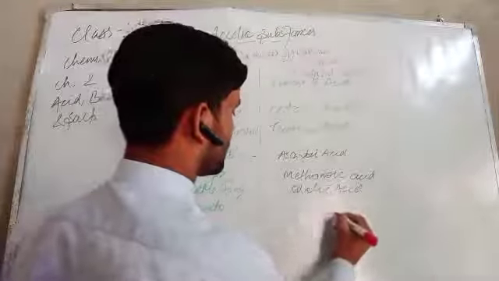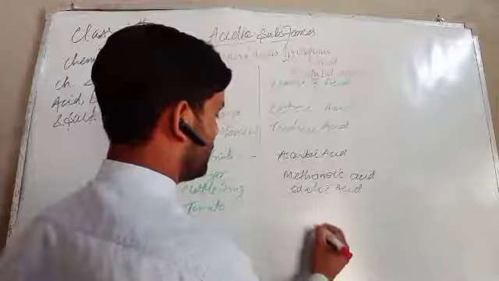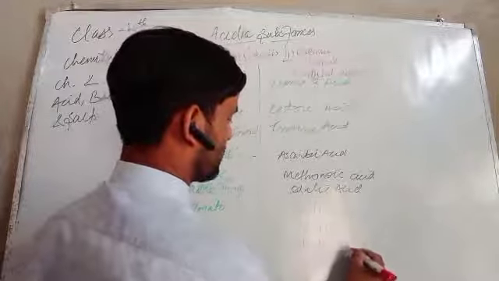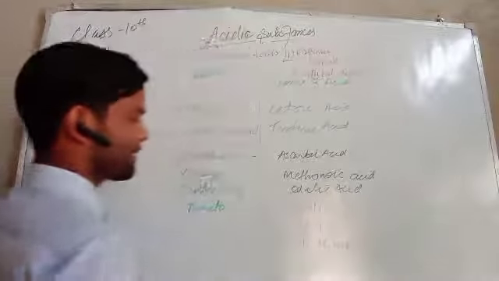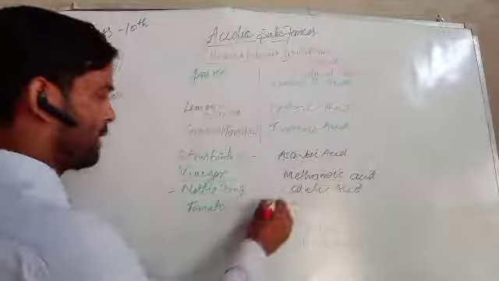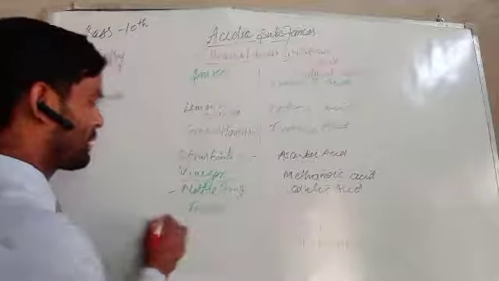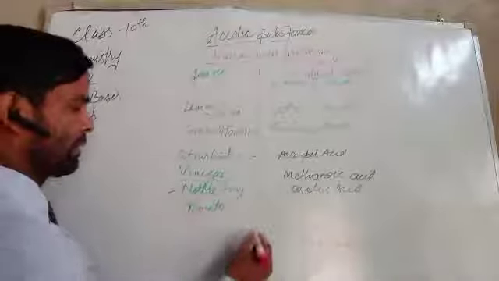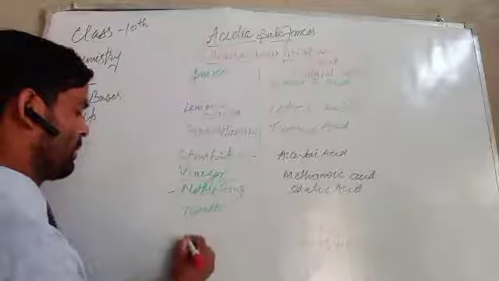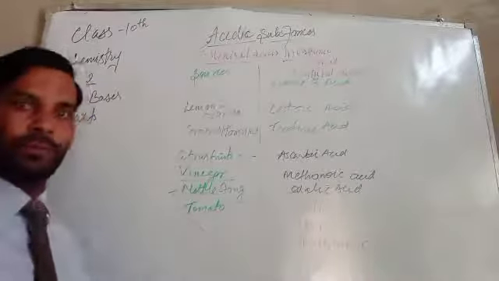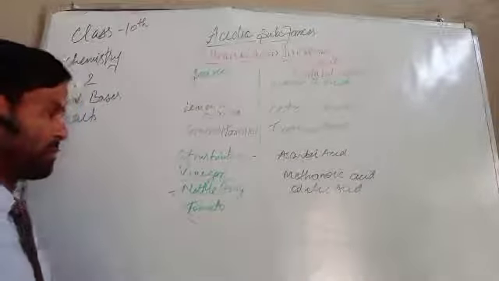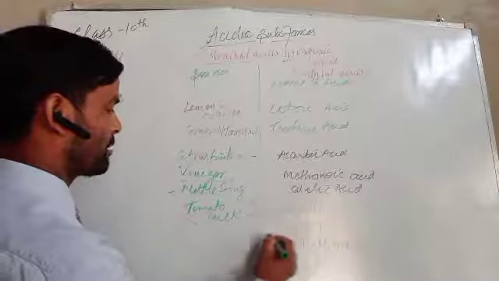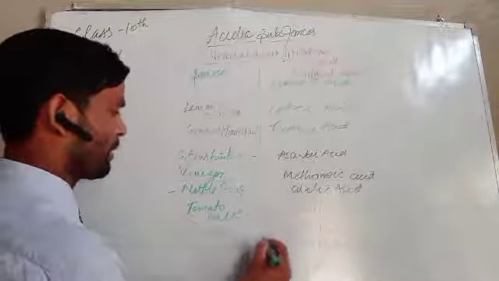Lactic, uric, and methanoic. These acids are also produced by the animals. Lactic acid is produced by the milk, uric acid is produced by urea.